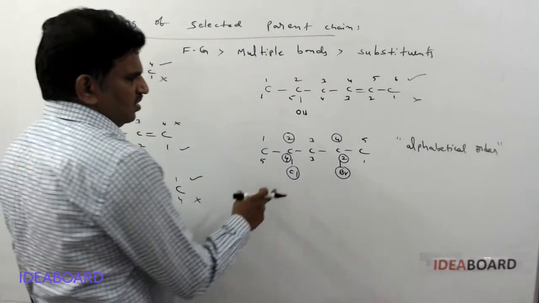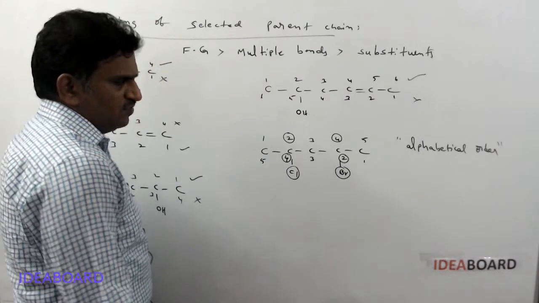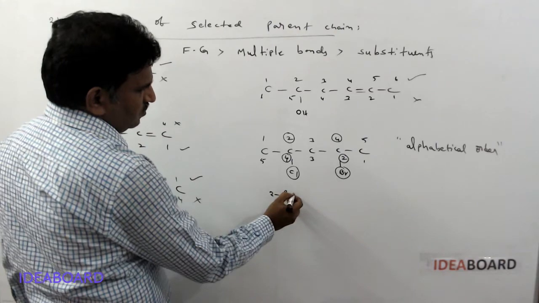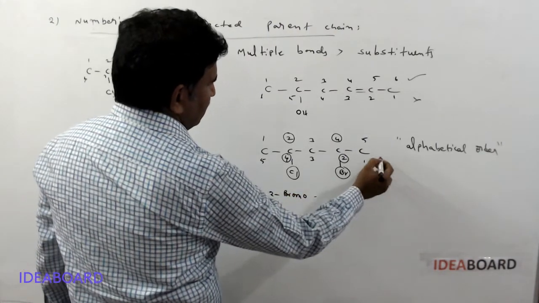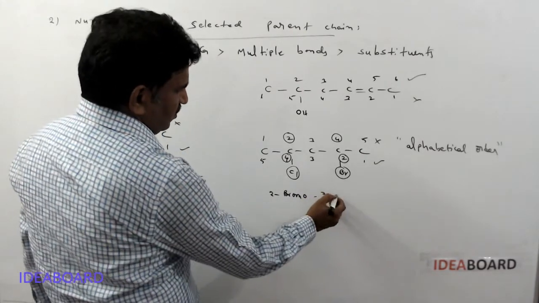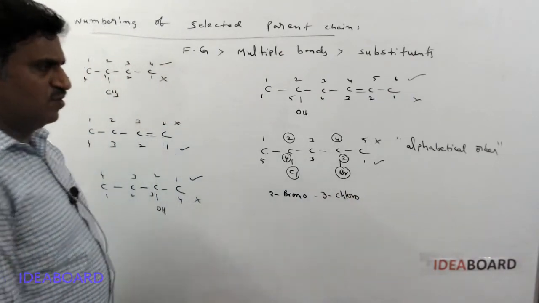So in the alphabetical order, chloro means C, bromo means B. Which will come first? Yes, bromine. So we can write this as 2-bromo. This numbering is correct and this is wrong. 2-bromo, 4-chloro.